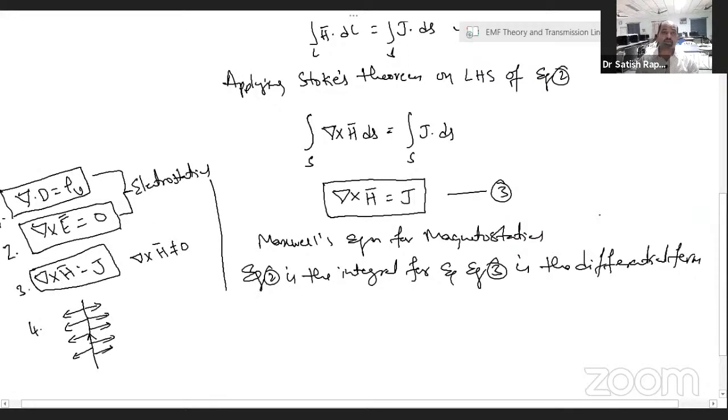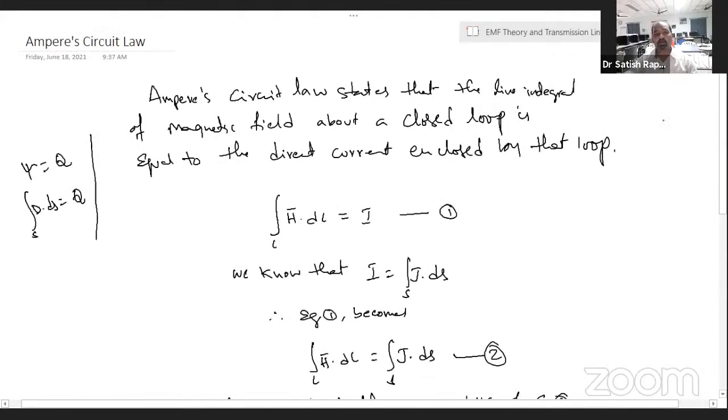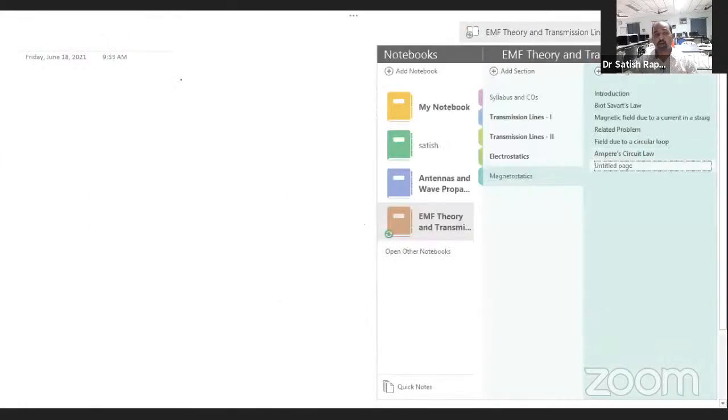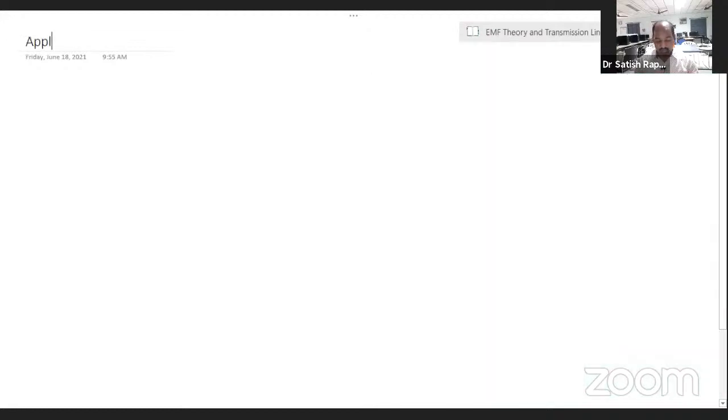So del cross H is not equal to zero. Electric flux lines are not closed, so curl of E is zero. That is how we can understand it. So this is Ampere circuit law.